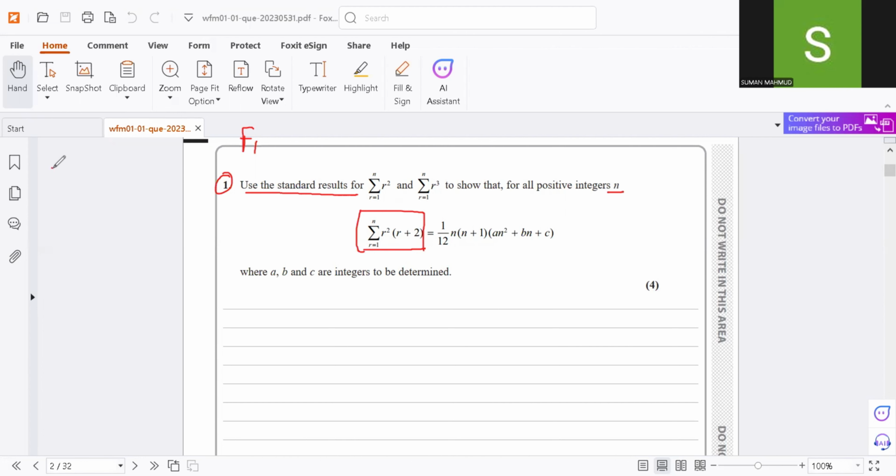So the sum of r squared (r plus 2). Simplify it. So we can multiply r squared into r, so we get r cubed, and 2r squared.